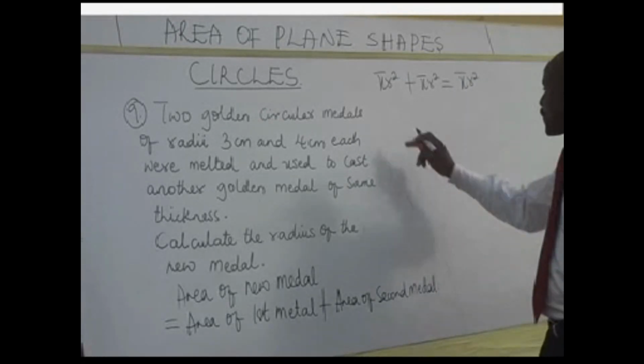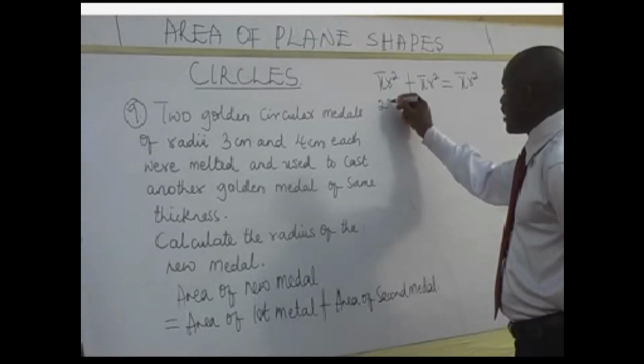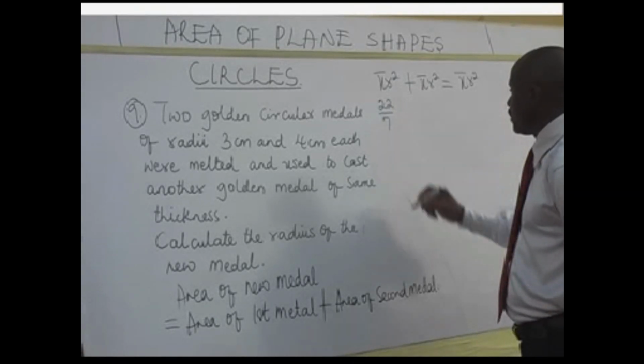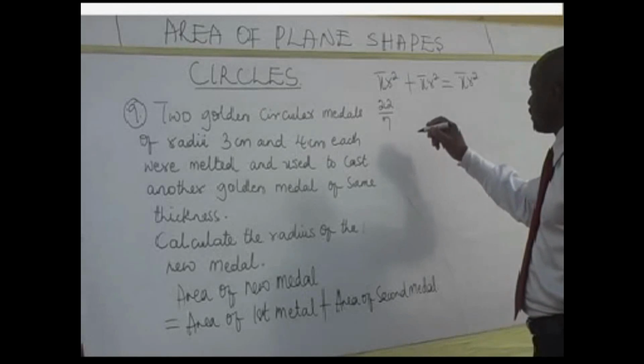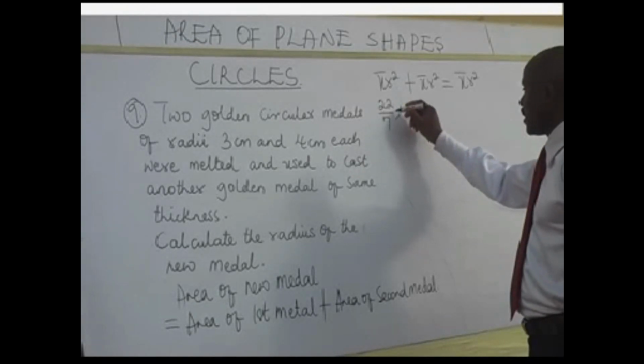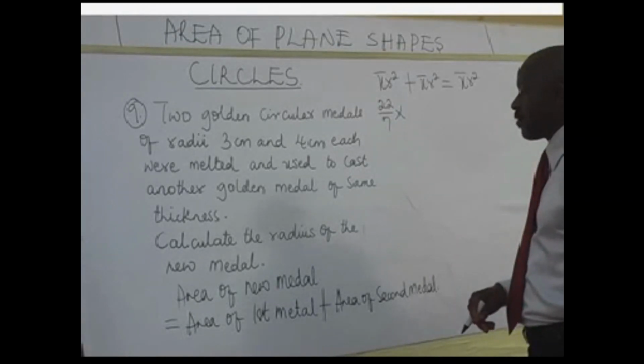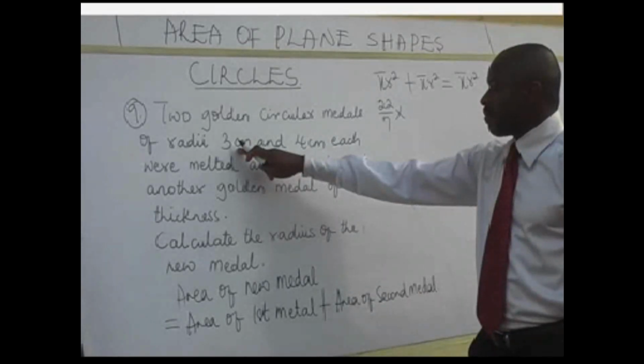That is true. Pi has a standard value, 22 all over 7, sorry, times the radius of the first medal from the equation, which is 3.